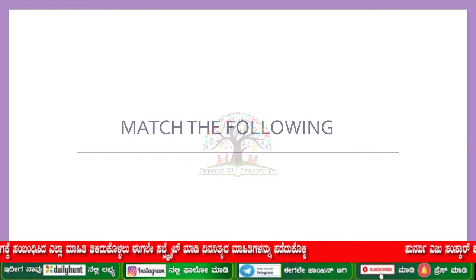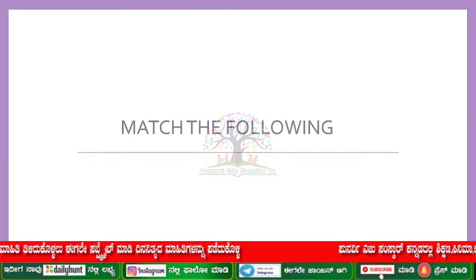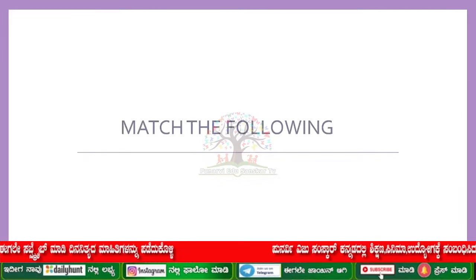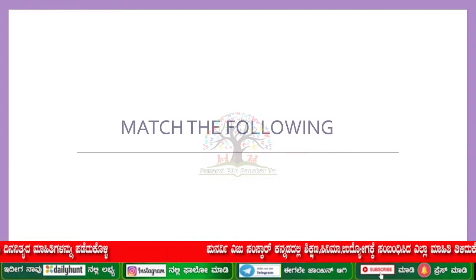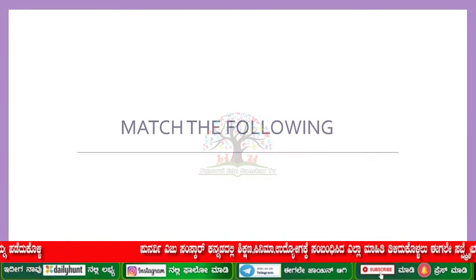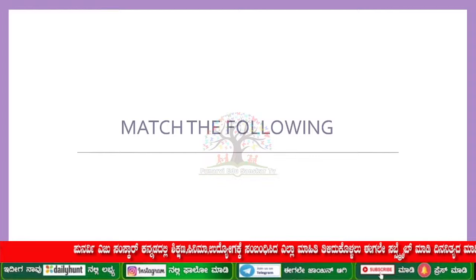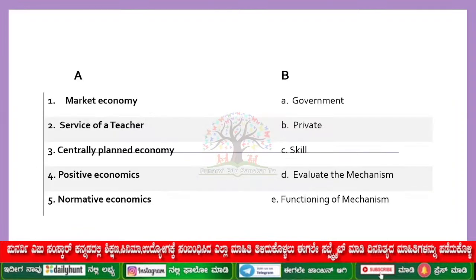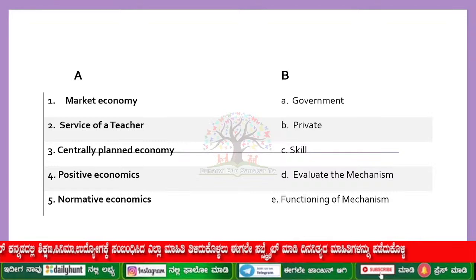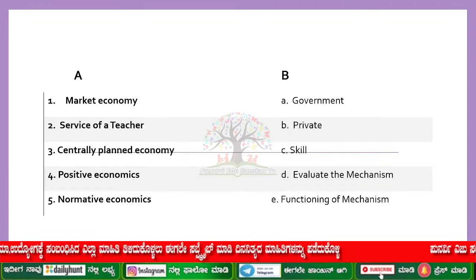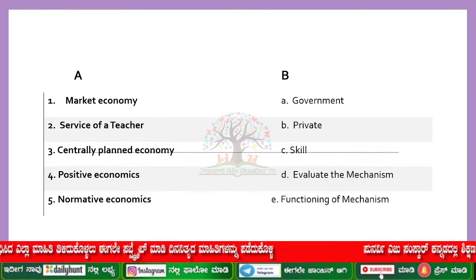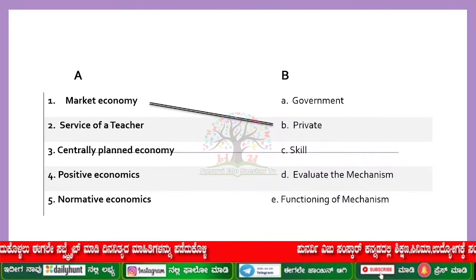Dear students, let us discuss an interesting and important concept, that is match the following. As we know, all students like to answer this question. Now let us start. Market economy: we know in the market economy, all economic decisions are taken by private entrepreneurs.